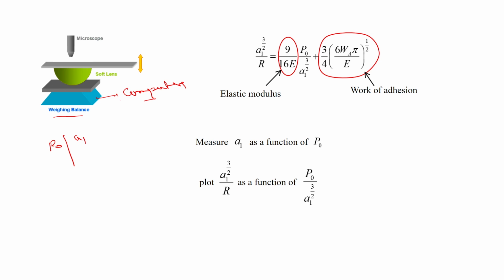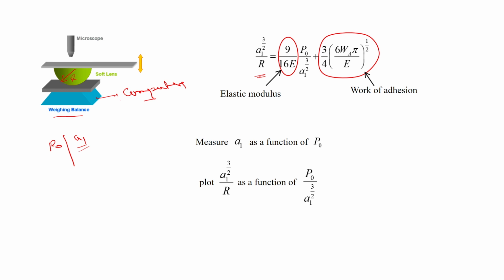So this is a kind of displacement control, load control experiment. You apply different amounts of load and you measure what will be the contact radius, that is A1, and then all the data can be written in this particular form, A1 to the power 3 by 2 by R, because you know the radius of this particular hemisphere.